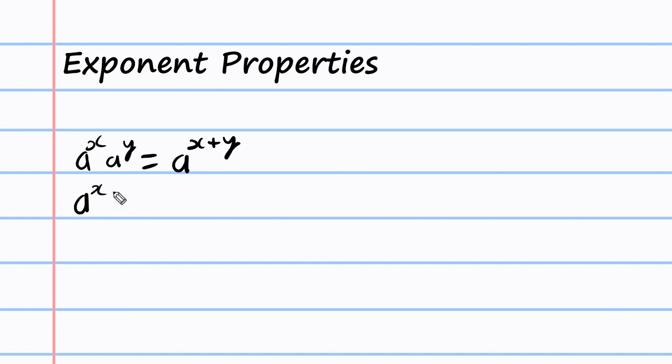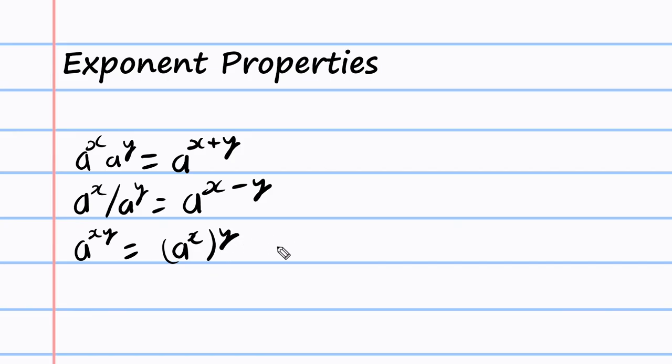If you have a to the x divided by a to the y, that's equal to a to the x minus y. If we have a to the xy, that's equal to a to the x to the y power, or a to the y to the x power.